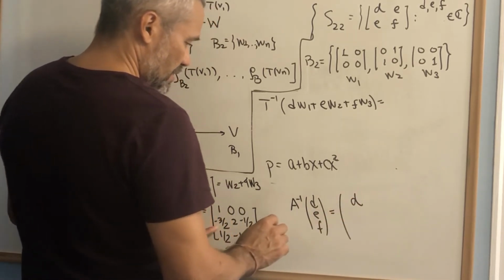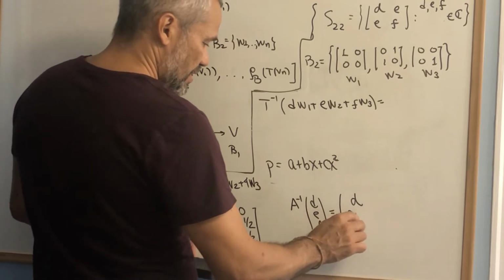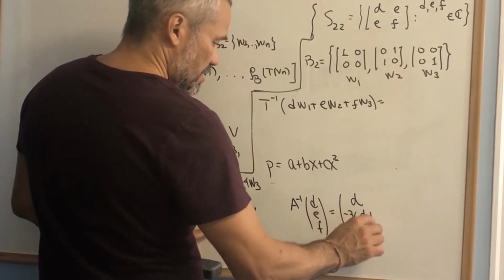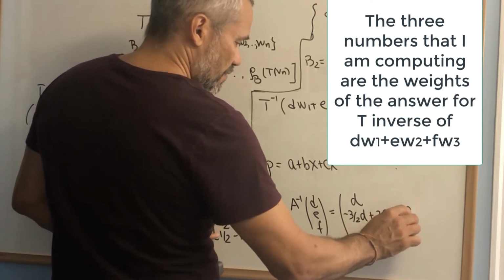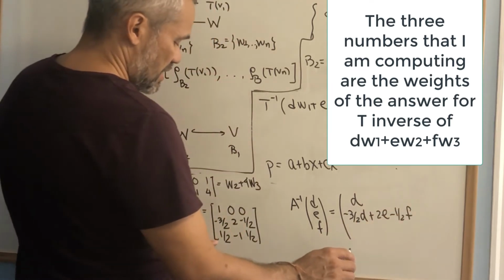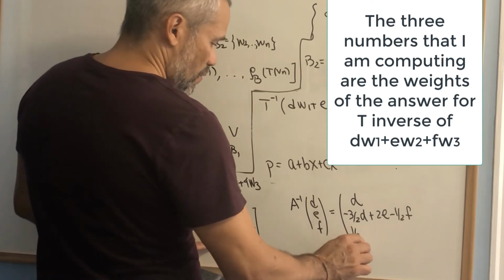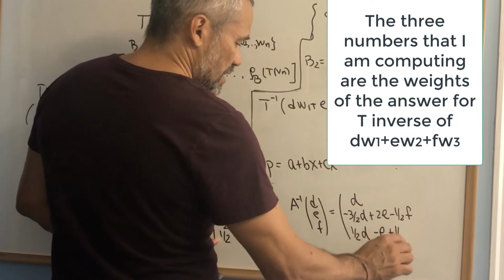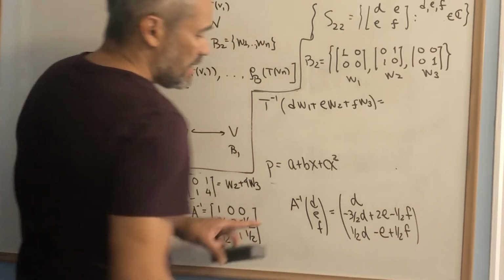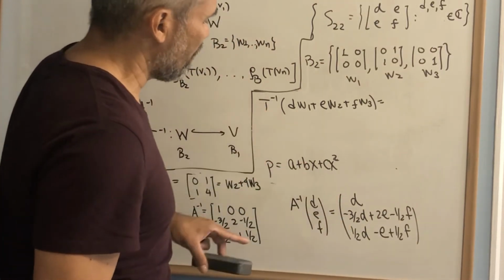Here we have negative 3/2 D plus 2E minus 1/2 of F, and here is 1/2 of D minus E plus 1/2 of F. Then these are the weights of the answer.